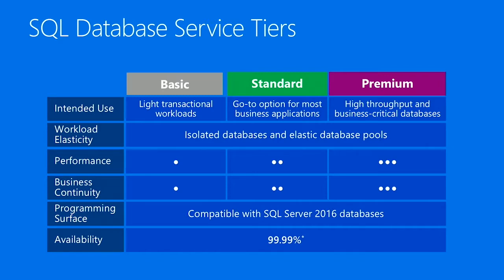That's why we call them performance tiers. The rest, in terms of business continuity and programming surface area, is fully compatible with SQL 2016 and the same across all the performance tiers. They have the same availability of 4 nines. And we support elastic pools across all these performance tiers as well.